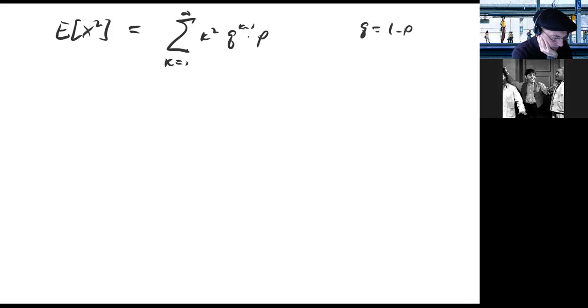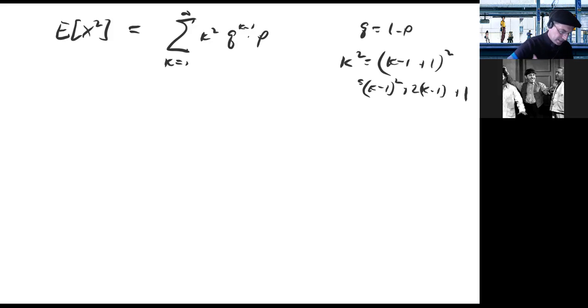Okay, now we're going to do a trick here. The trick is this. k squared is (k minus 1 plus 1) quantity squared, and that's (k minus 1) squared plus twice (k minus 1) plus 1. I'm thinking of k minus 1 as like a variable, and then I just do the binomial expansion.